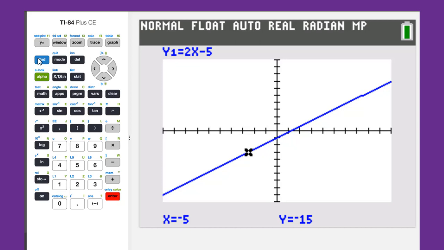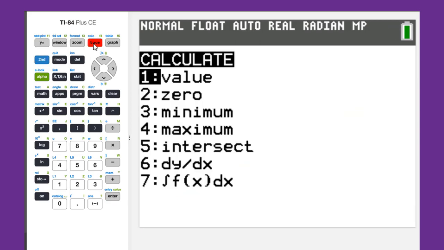Then when you do second trace, that means calculate. It will calculate the value of a function, zeros of a function, minimum or maximum of the function. It can figure out the intersection of two lines or two curves.